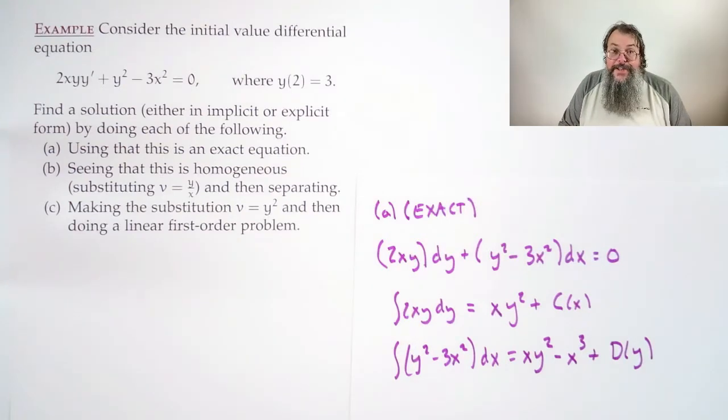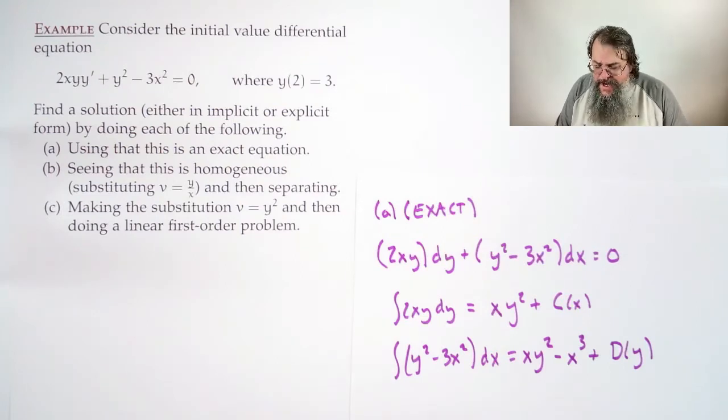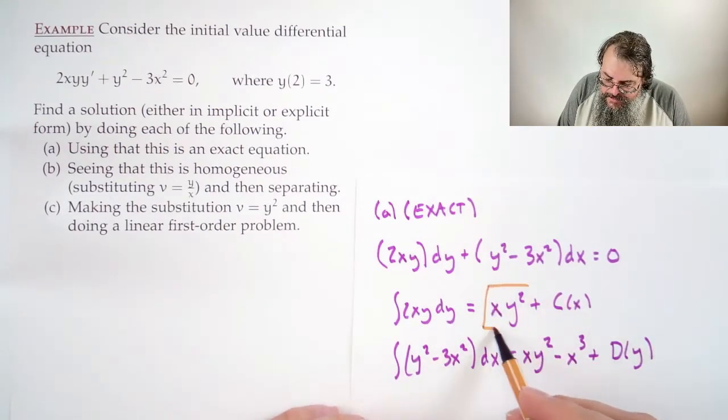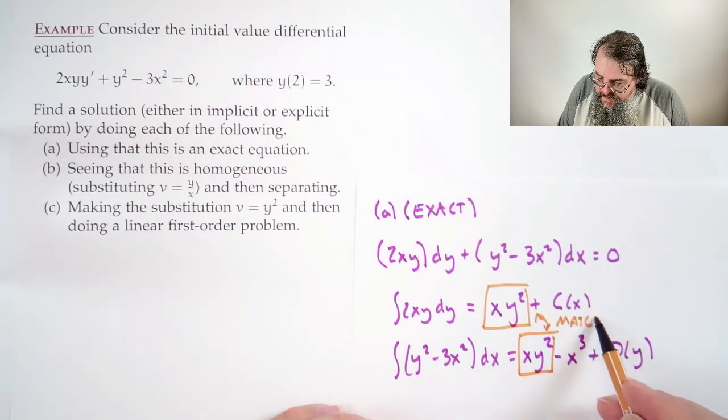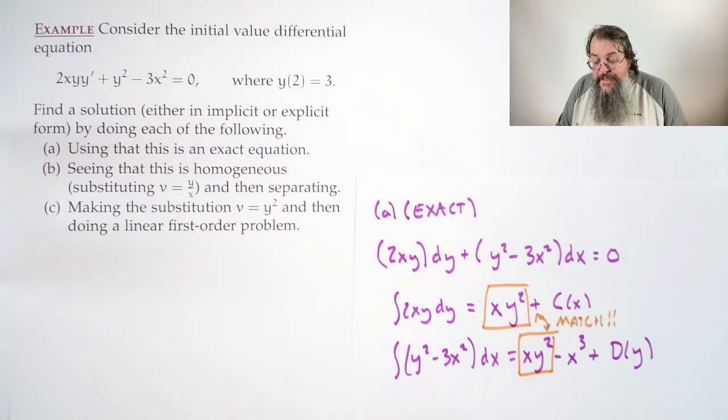And we do our quick check to say, well, they said it's exact, but can we always trust them? And we say, aha, these match, which is good. That means it is, in fact, exact.